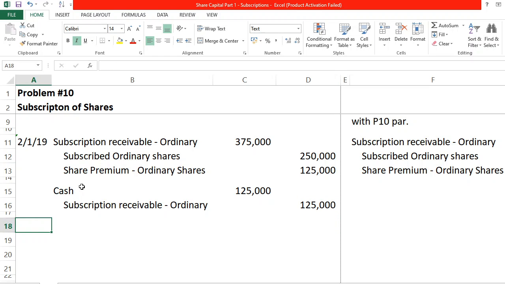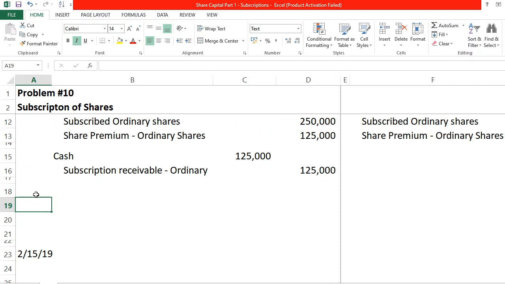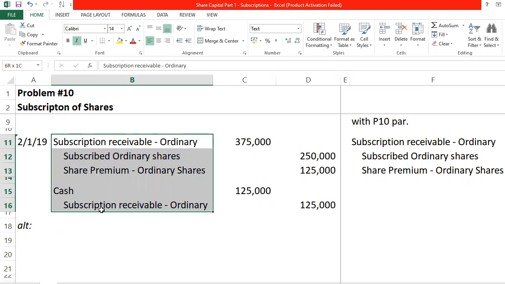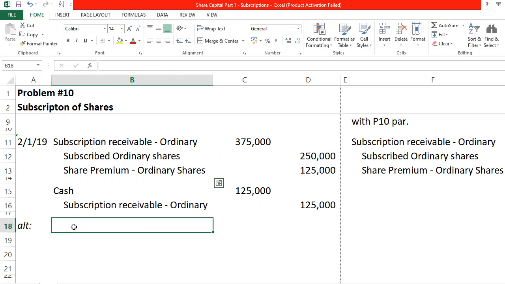Actually, we could make an alternative entry. It can be made compound, combining these two entries. Although this is already considered a compound entry because there is more than one credit.